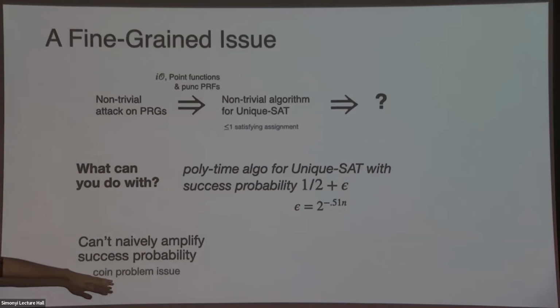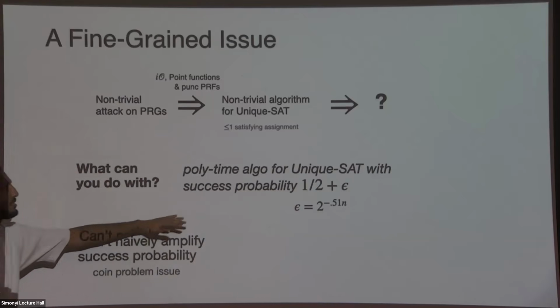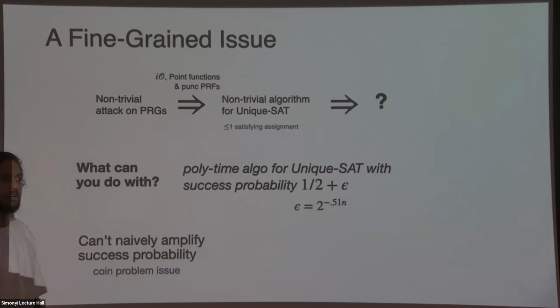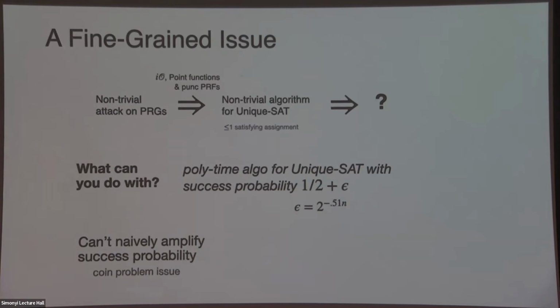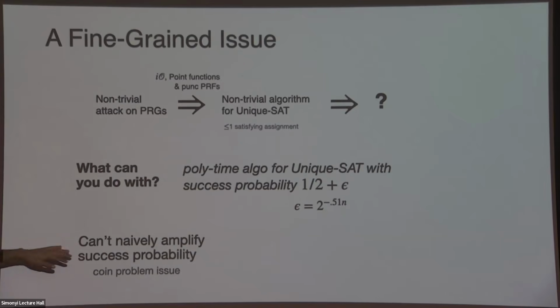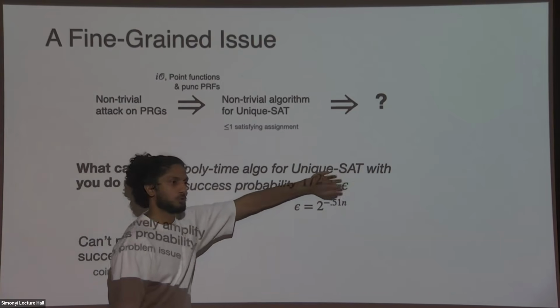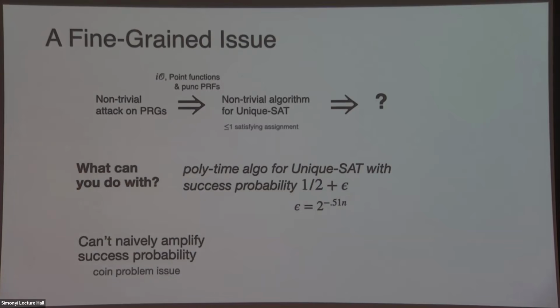I'll tell you about this coin problem on the next slide, but if you want to do success amplification, you have to pay 1/epsilon squared, which is bad. So you can't even turn this into a non-trivial algorithm for Unique-SAT that works with high probability. So that's one thing that goes wrong.